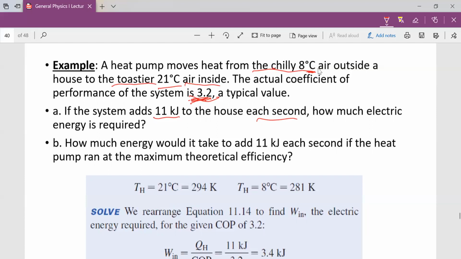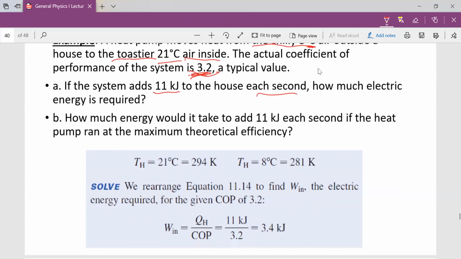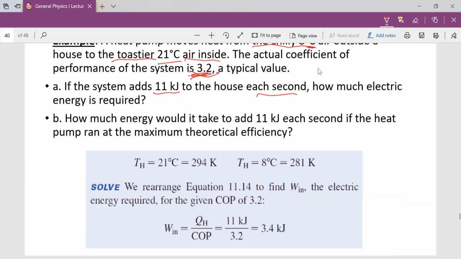Because that will determine how you will arrange your equation and the parameters given. The common mistake is to get the reverse, okay? So the second question is, how much energy will it take to add 11 kilojoules each second if the heat pump runs at the maximum theoretical efficiency?